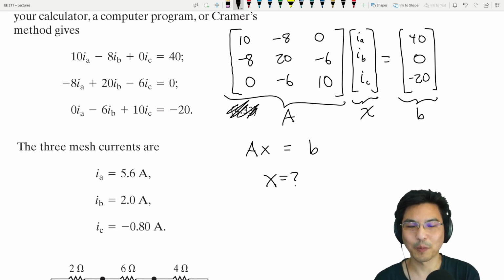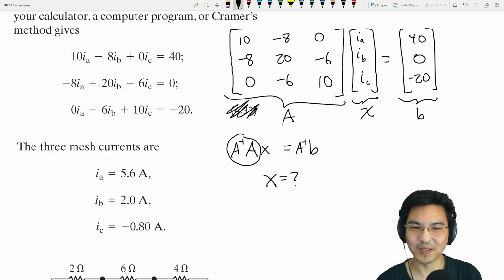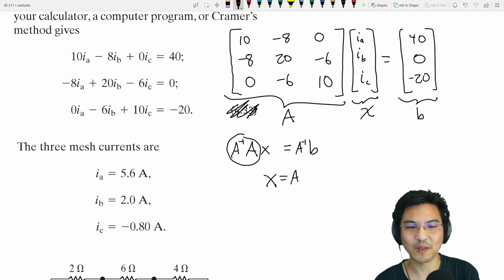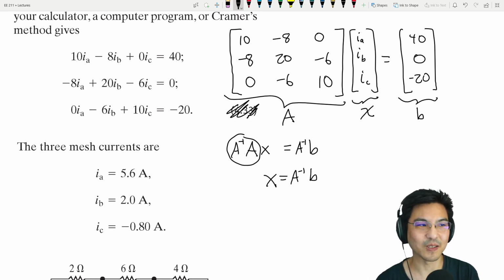So how do you do it? Pre-multiply both sides of the equation by the inverse of A. This turns into the identity matrix, which is kind of like saying it turns into 1. And so you're left with x equals the inverse of A times b. Right, so now let's do this on Octave.